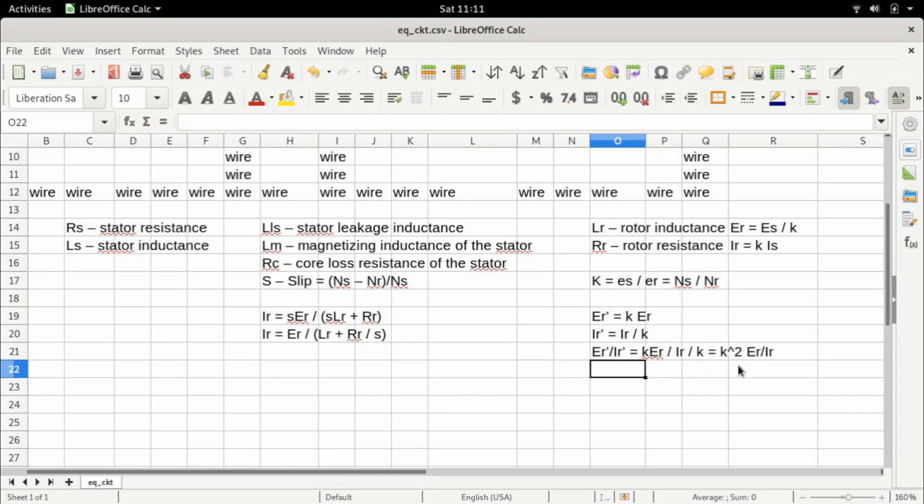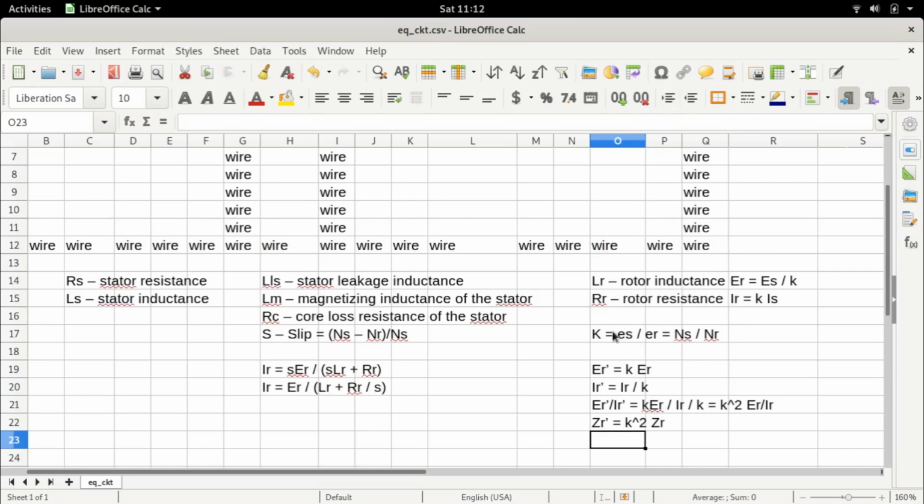So if I want to refer any impedance, this could be a resistance or a reactance, all I have to do is multiply it by the square of the turns ratio. This is how we've arrived at it using these equations, and these equations again are dependent on this definition of turns ratio, which is the induced EMF in the stator divided by the induced EMF of the rotor.